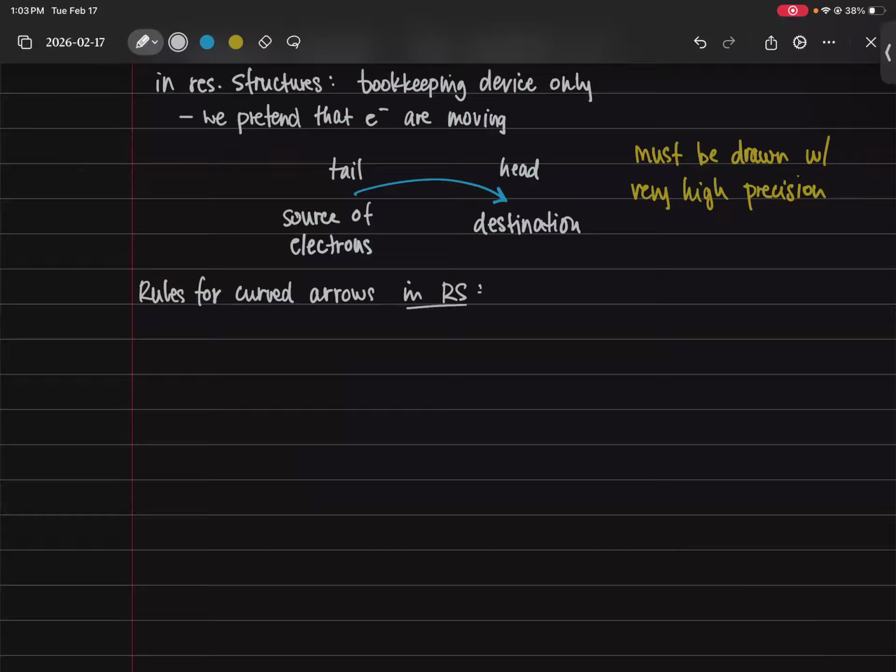Okay, so there's only two rules in resonance structures, or RS, for curved arrows. Promise the examples are coming. The first rule is we never make or break a single bond.